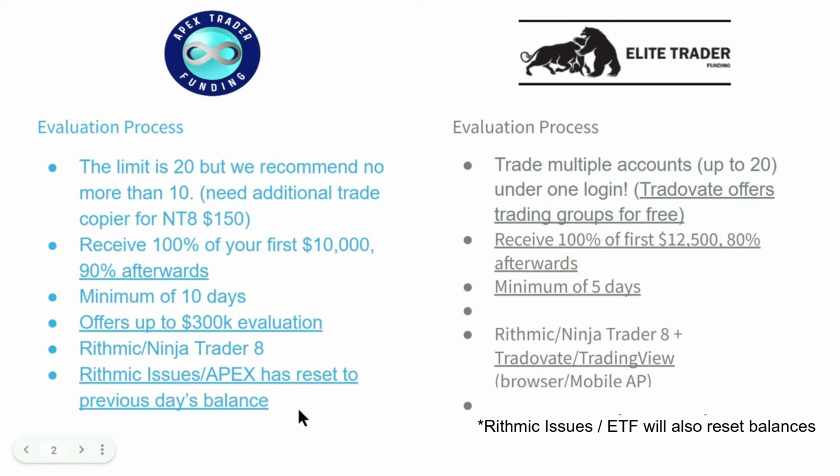Apex and Elite Trader Funding both understand and see the problem with Rhythmic, and at the time of this recording, they will make good on it. Okay, they will just reset it to the previous day's balance, even if it's a losing trade. All right, now we'll go on to the next point.